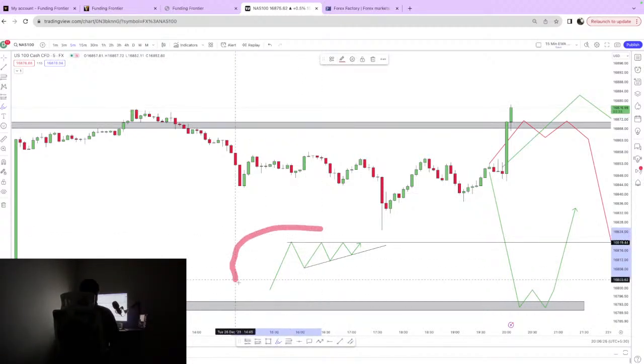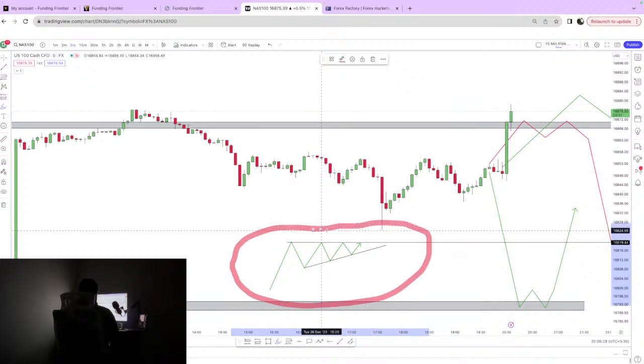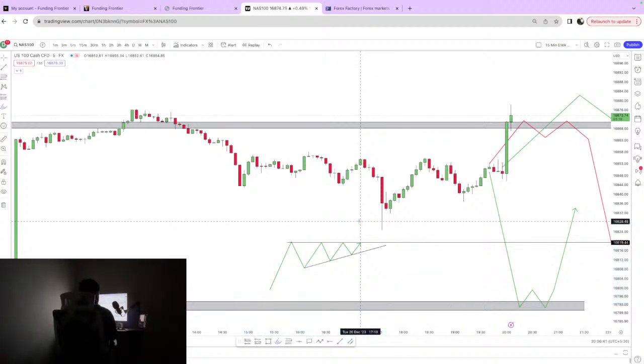Tell fast. Where do you expect to break out? Upside or downside? Let's wait for other people's answers.